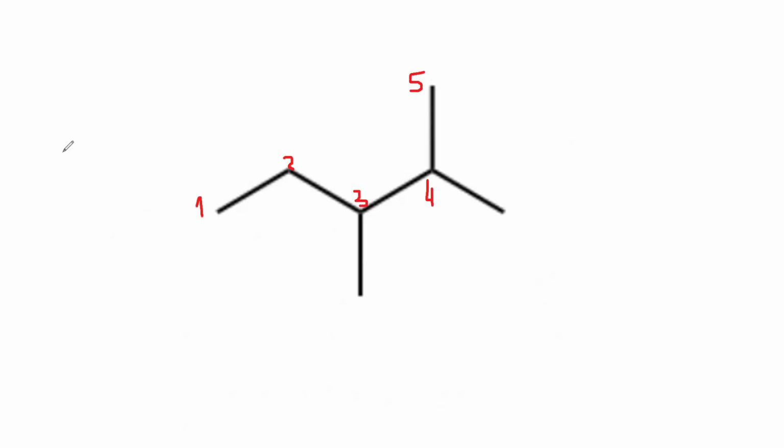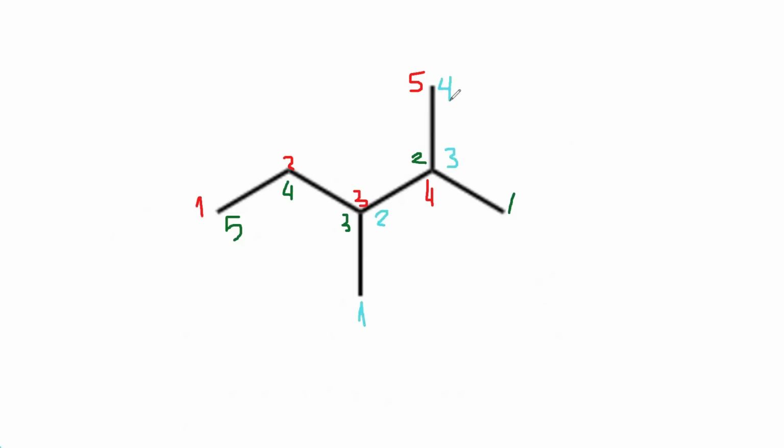Or we have another option to number it from the other side, 1, 2, and 5. To go in this direction or this direction, we get the same number of continuous carbon atoms. This is the backbone. So we have to decide from which direction we have to start numbering. If you consider this is the branch, and you start numbering from here, then 1, 2, and 4.